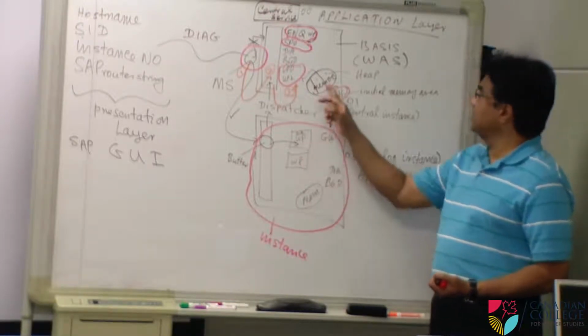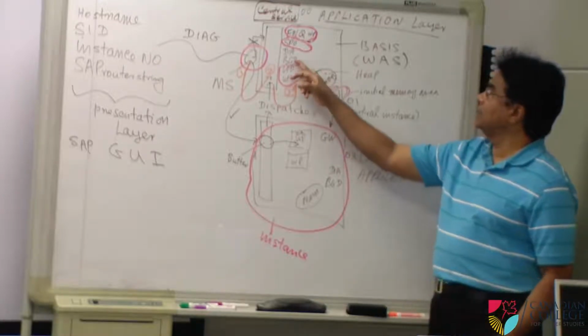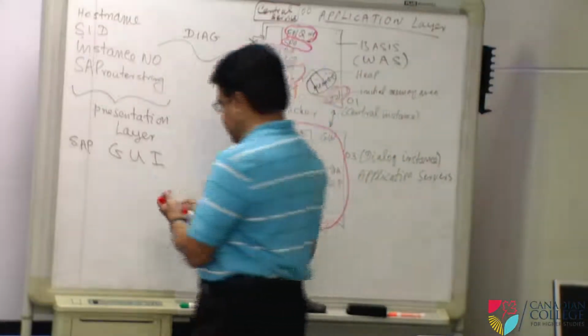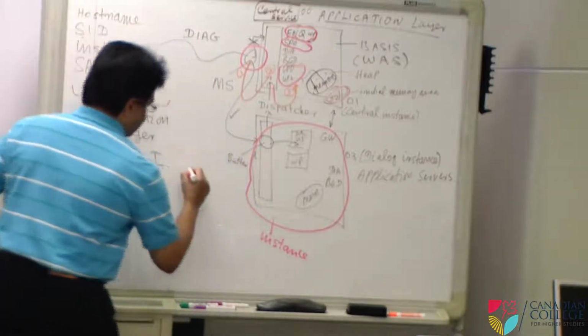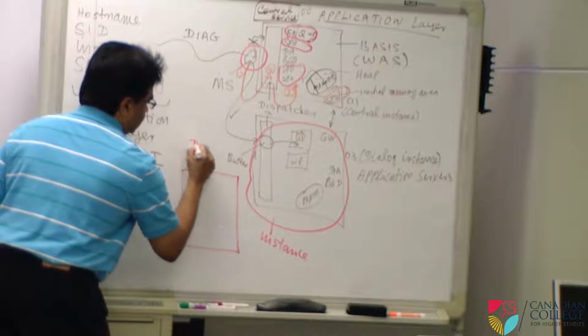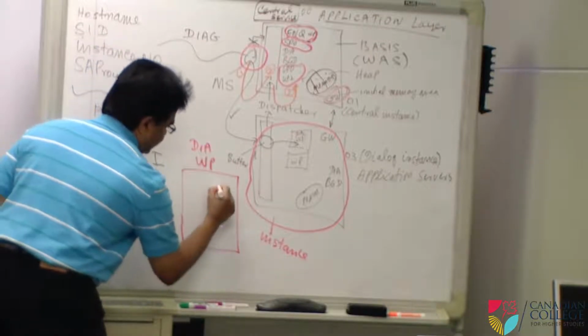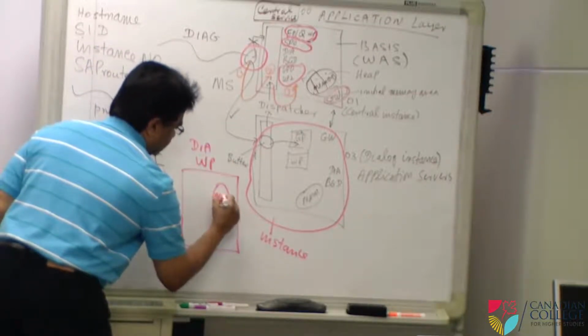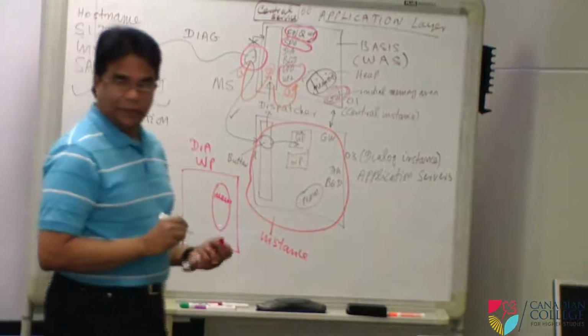The work process has a memory, but it doesn't have that information. I will draw the work process bigger here. This work process has a small memory area. I told you it has 3 components.